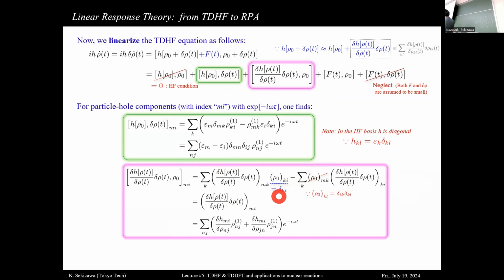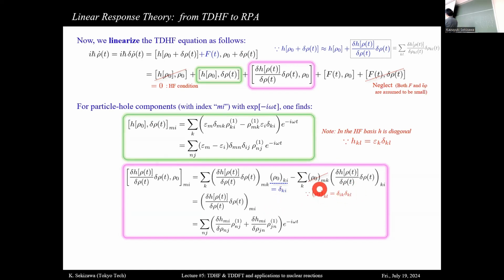And then you can use this condition, or peculiar form, of this one-body density matrix, and it is only one for the hole component. Then it means that this index k must be a hole state.